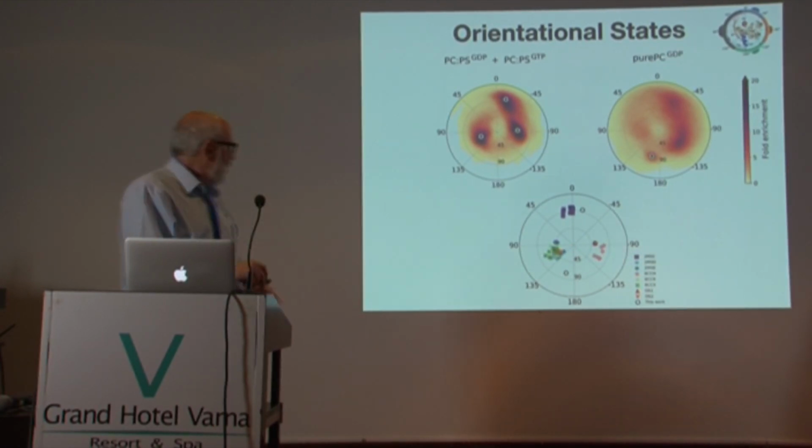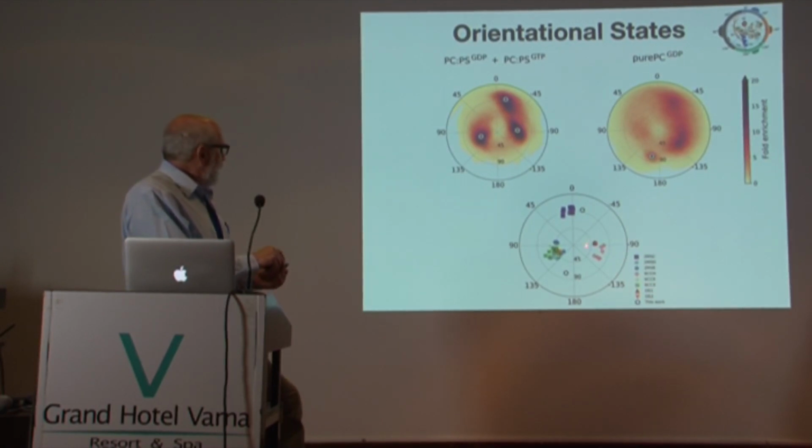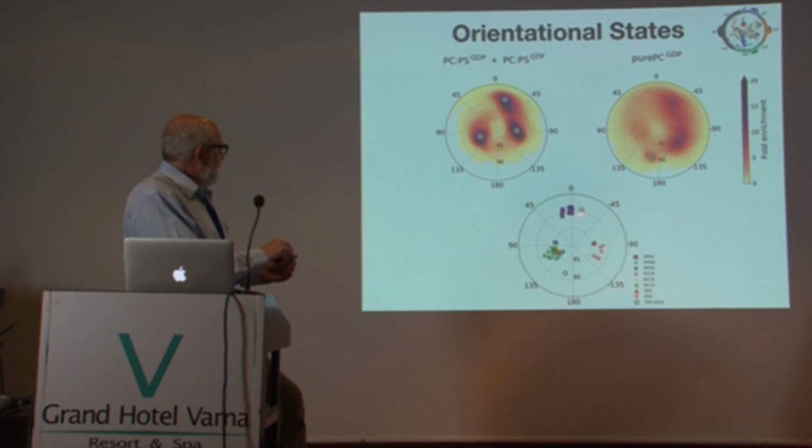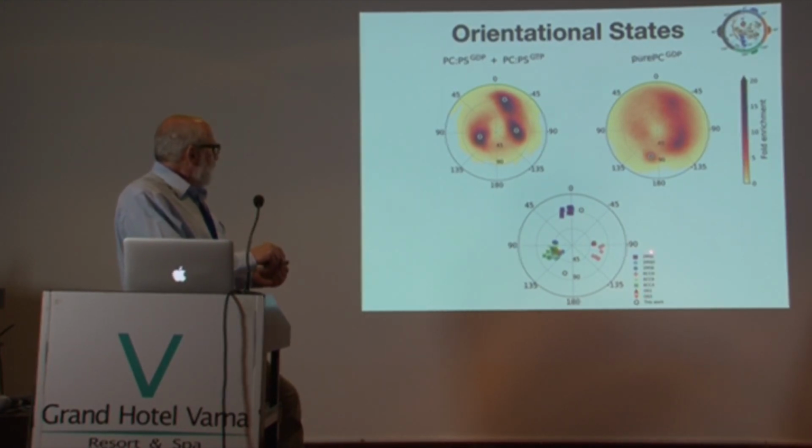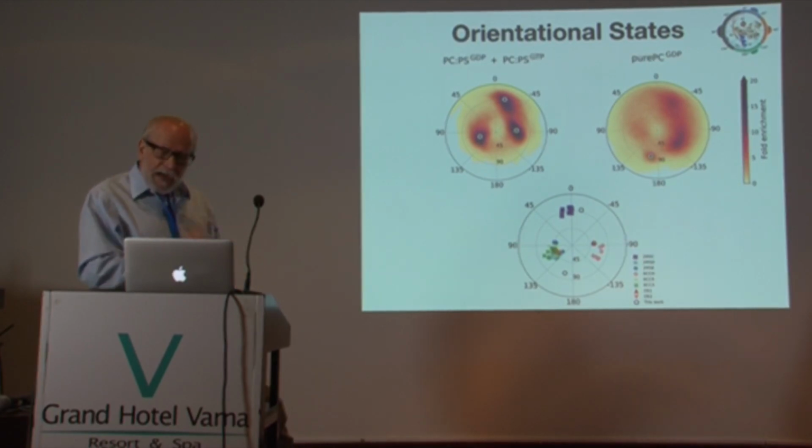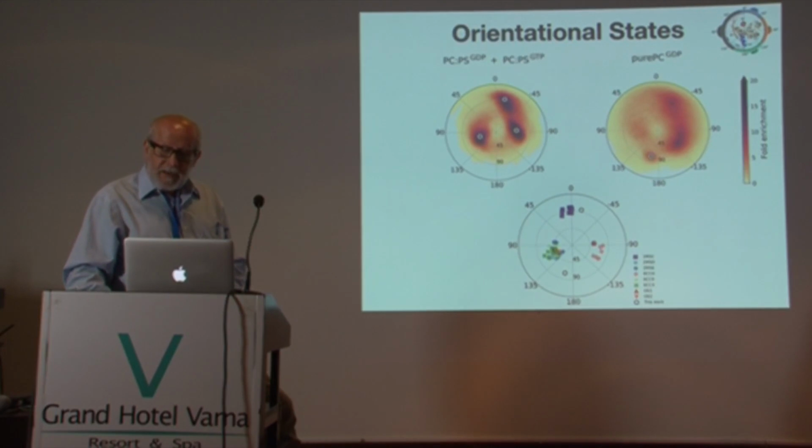Some of those are NMR. Two of them are previous simulations by Garcia. He described this basin and that basin, but never found this basin. And then there are experiments, NMR, and neutron and X-ray scattering data.